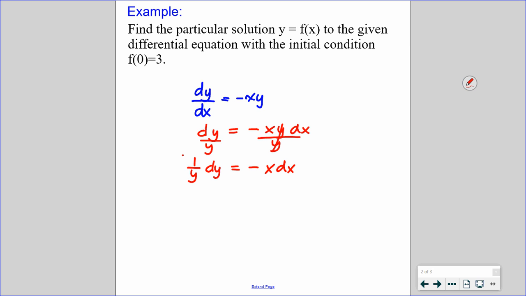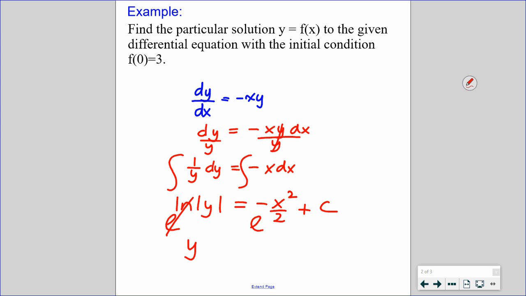Then we're going to integrate both sides. The antiderivative of 1 over y is natural log of the absolute value of y, equals, and the antiderivative of negative x is negative x squared over 2. Then add your plus c. Then we're going to solve for y. In order to do that, we're going to exponentiate each side.